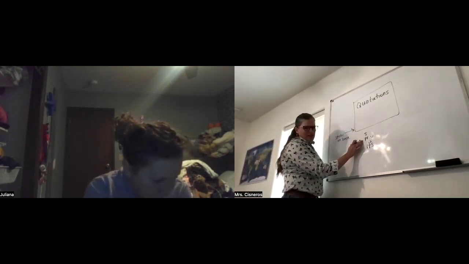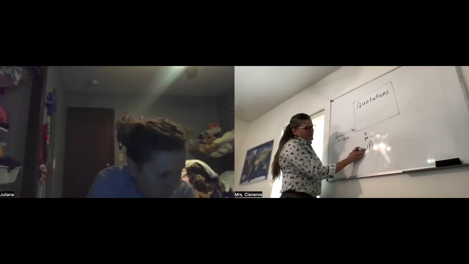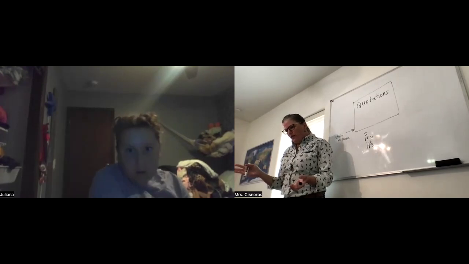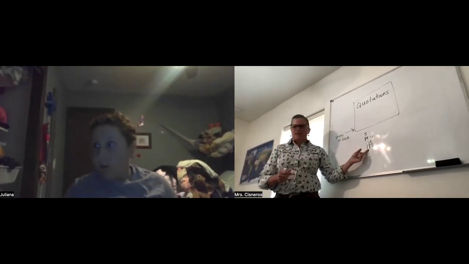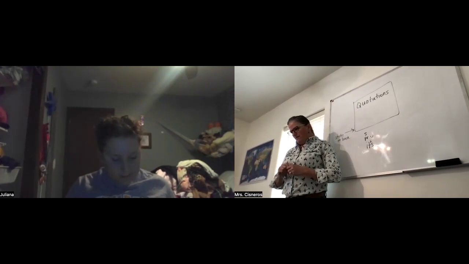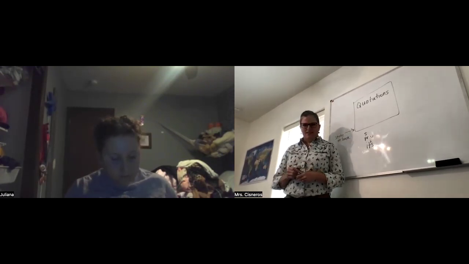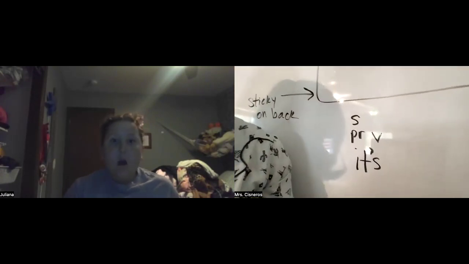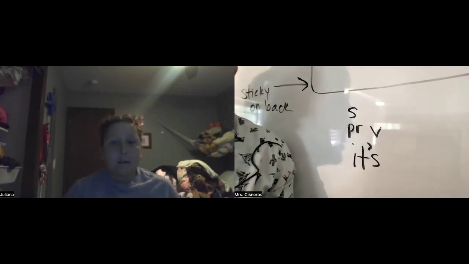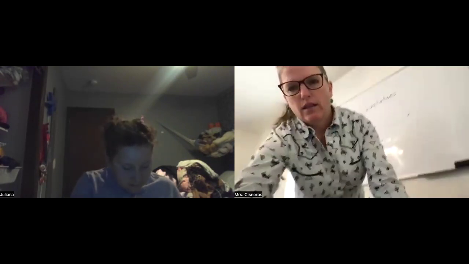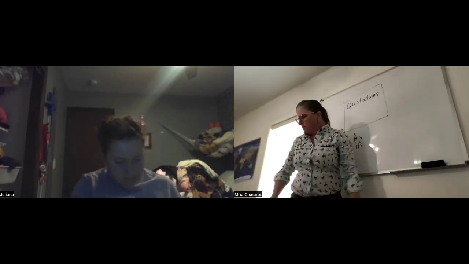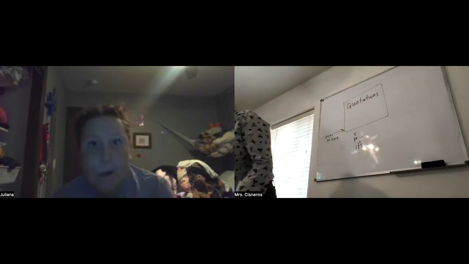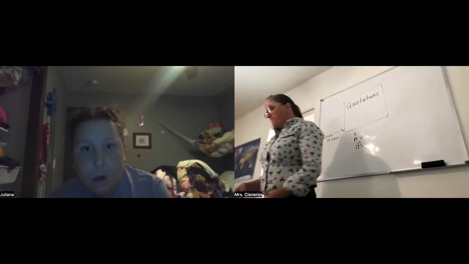So the S goes on top of the PR, because that is actually the subject of that sentence. If you ask yourself, who is a mouse? It is a mouse, right? It's right here, at the end where it says it's a mouse. So you need to put the S on top of the pronoun PR. That was a little tricky. You got it though. The subject comes before the verb.